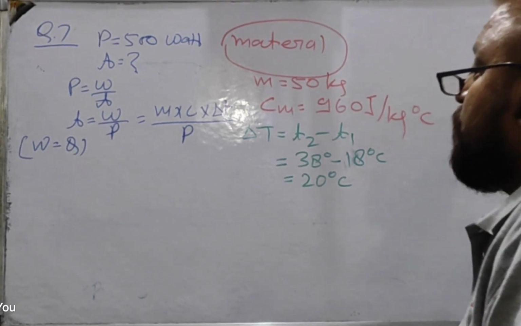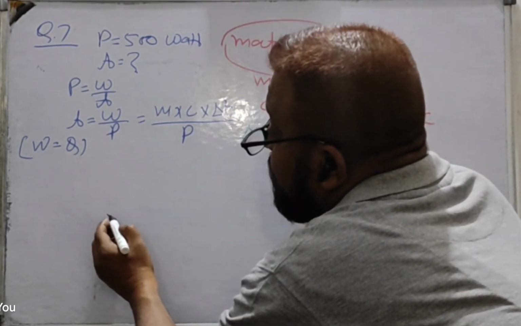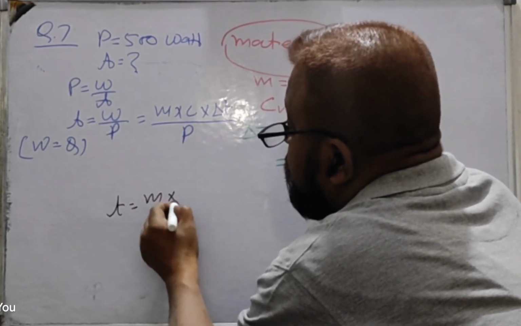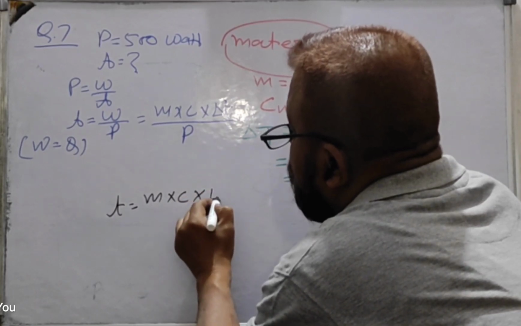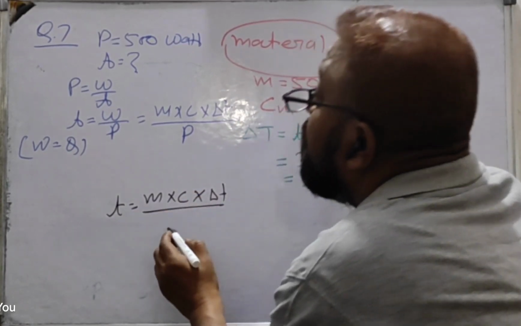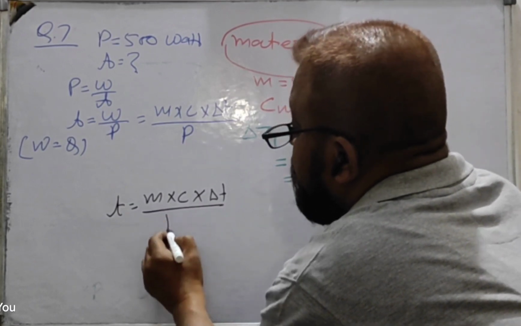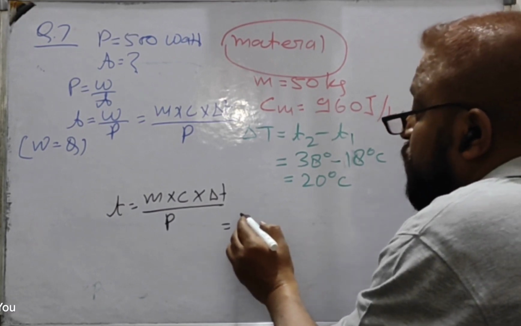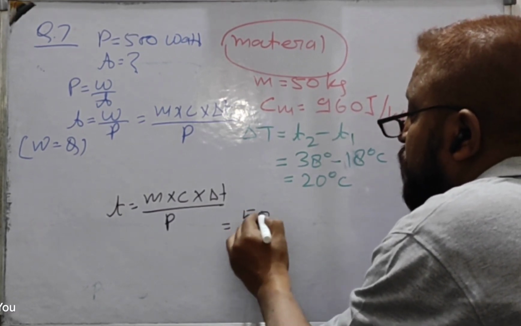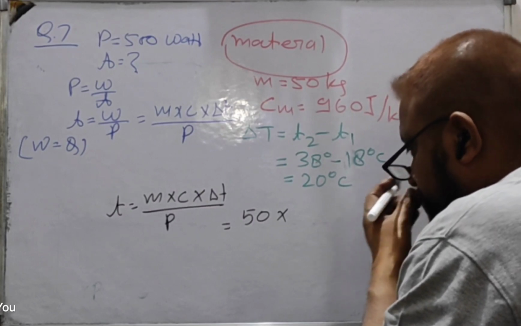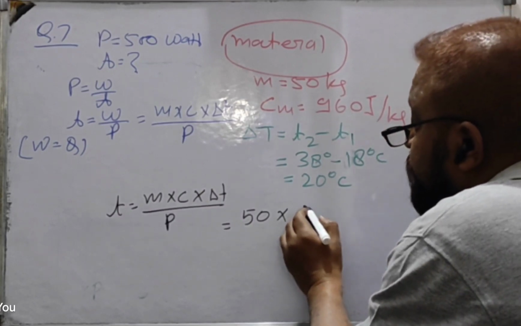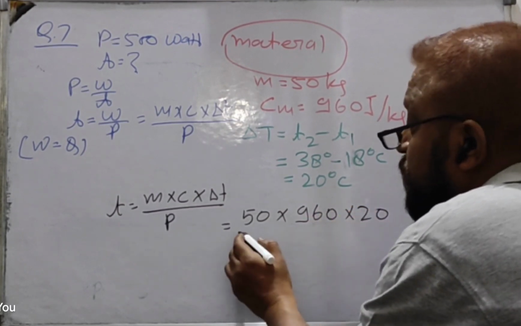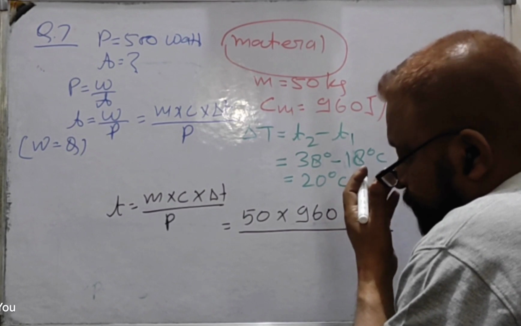So there is a material of mass 50 gram, specific heat capacity of 960 joule per kilogram per degree Celsius, and change in temperature of 20 degrees Celsius. Then T is equal to M into C into delta T upon power, so 50 into 960 into 20 upon power, which is 500 watt.